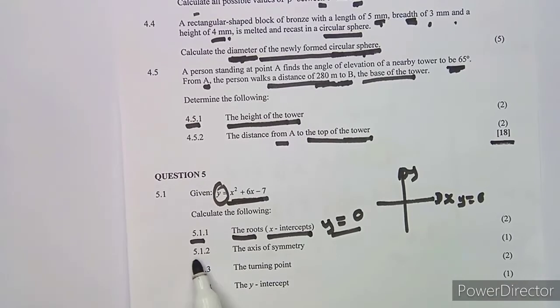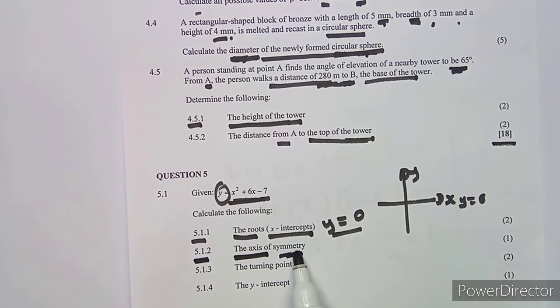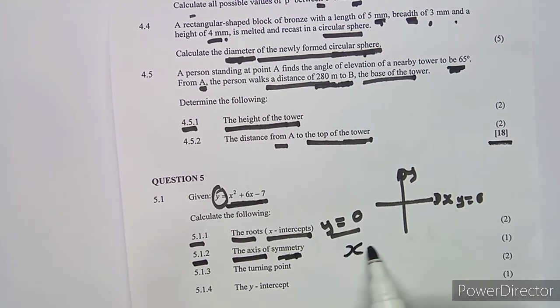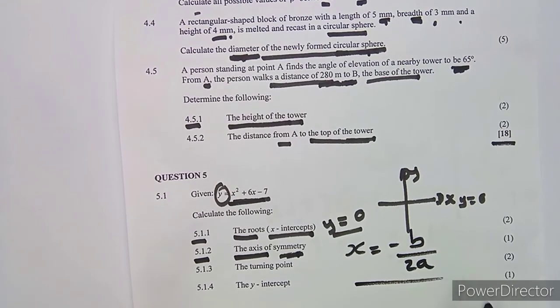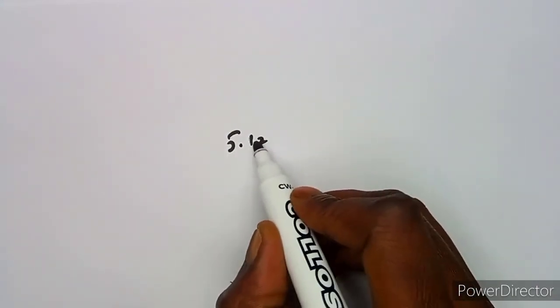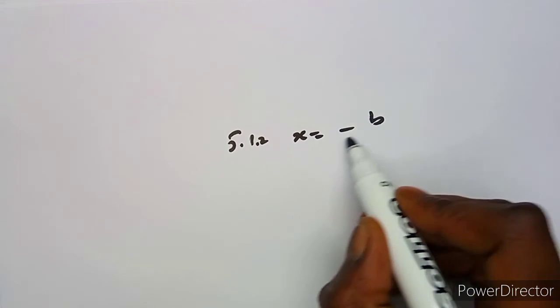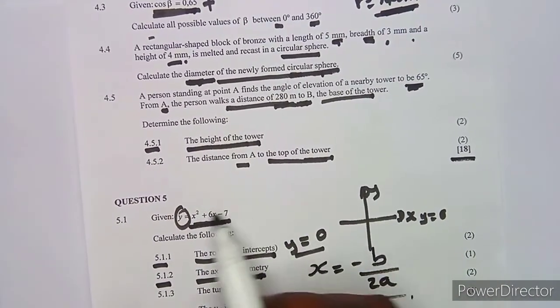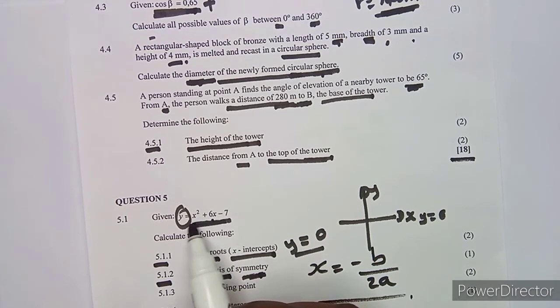Then we have 5.12, the axis of symmetry. So the axis of symmetry, remember, it's on a condition where x is equal to minus b over 2a. That is the equation of the axis of symmetry. So we're gonna have 5.12, which is x is equal to minus b over 2a, which is from this part you've got a and b, a, b, c.